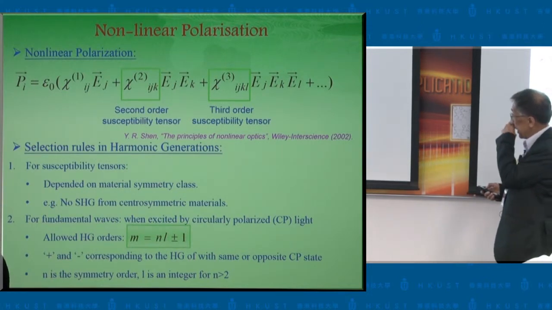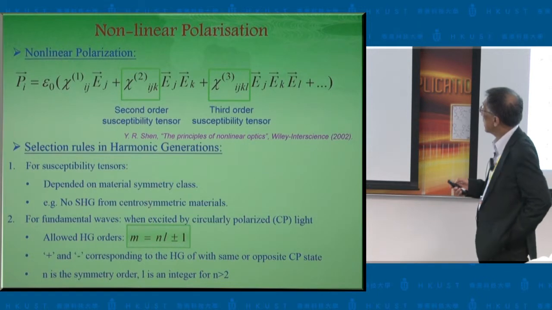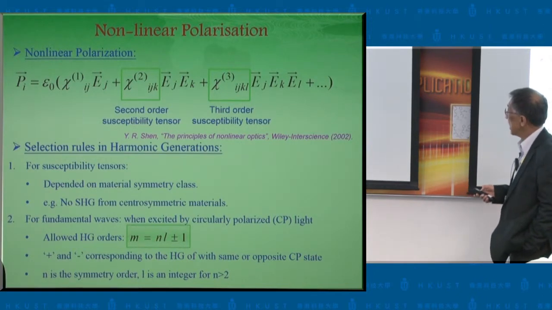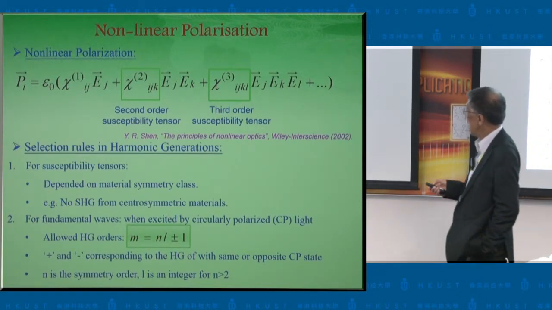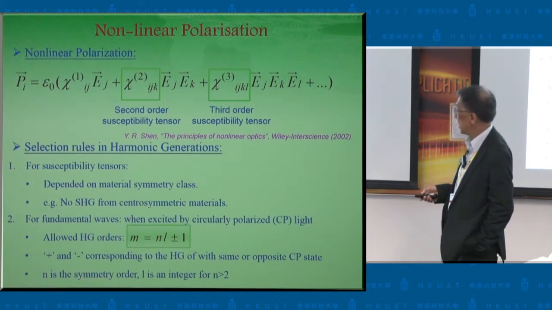So again, we come back to the equation here. We have the second order and third order tensor here, and in harmonic generation the selection rule very much depends on the symmetry class of the material itself.